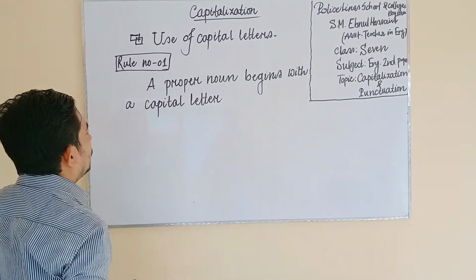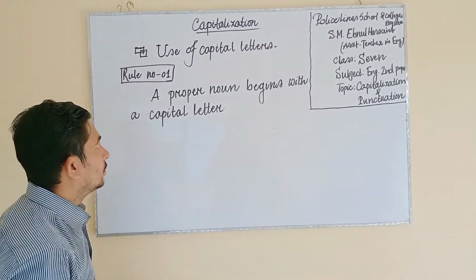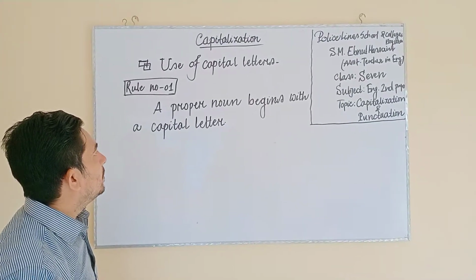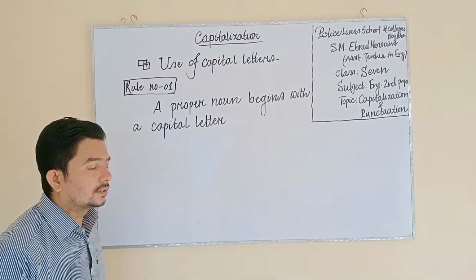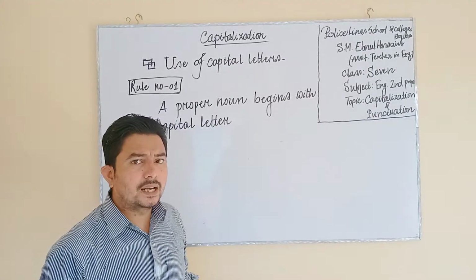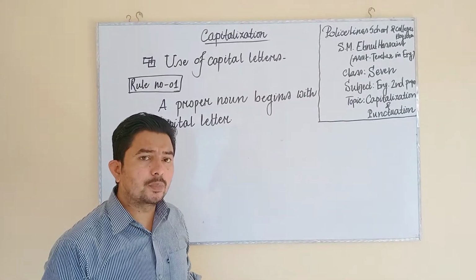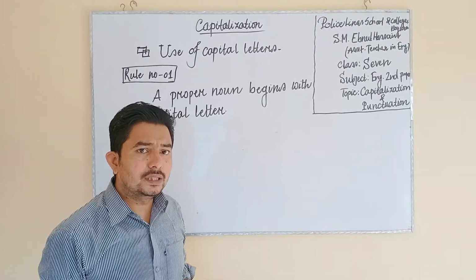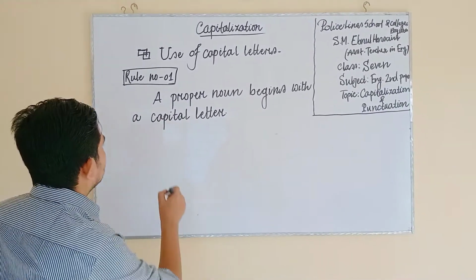Notice or look at the board that we have written a proper noun begins with a capital letter. That means any kinds of proper noun, that means the name of a particular thing, place, substance must begin with the capital letter.